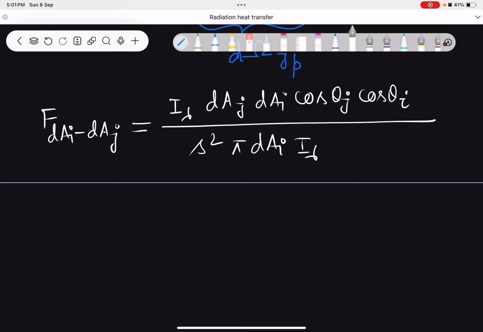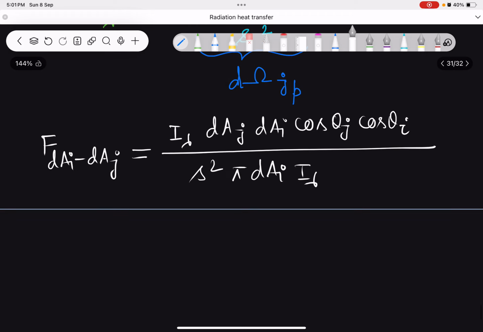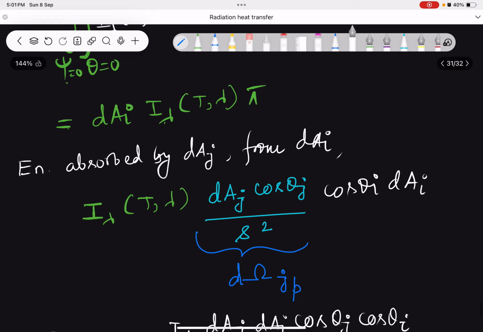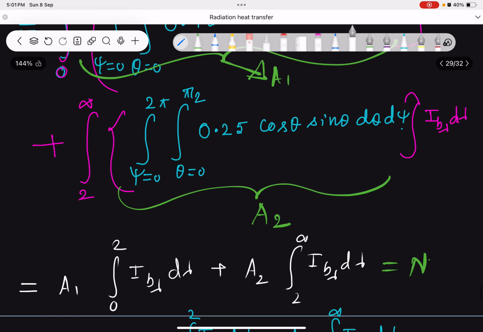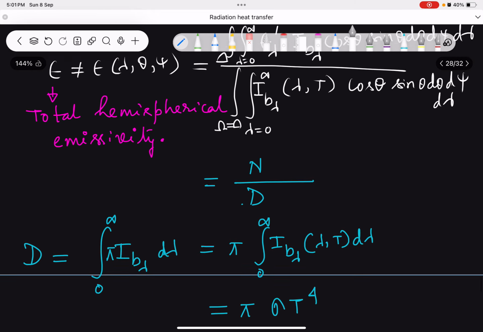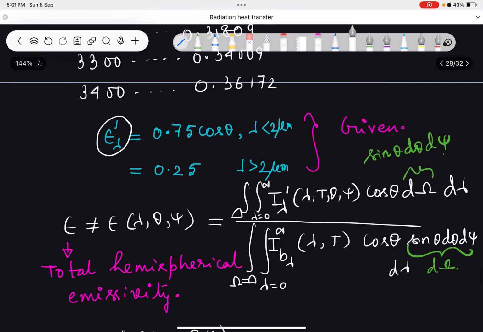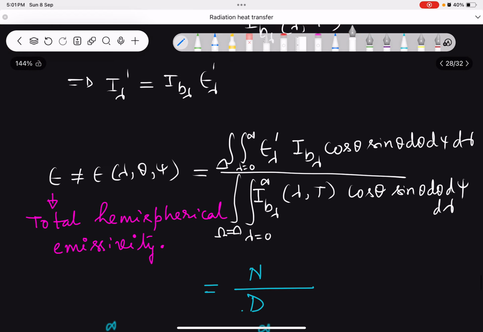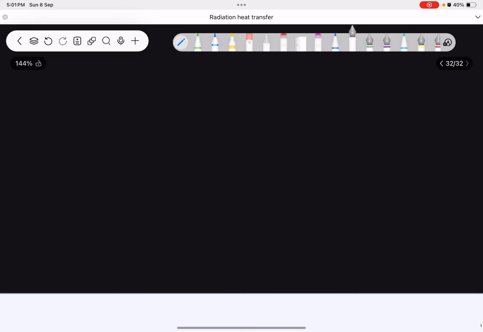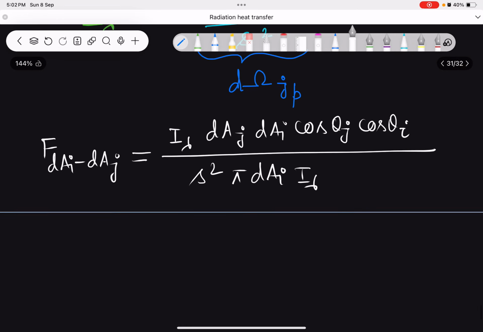Okay, now actually I need to integrate this thing, because I have to take care over all the directions. Okay, let it be.